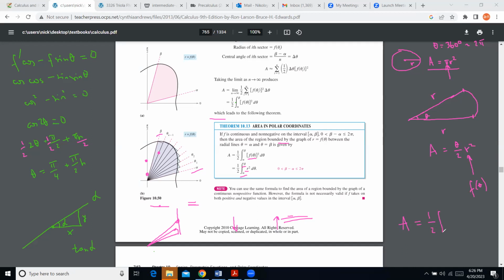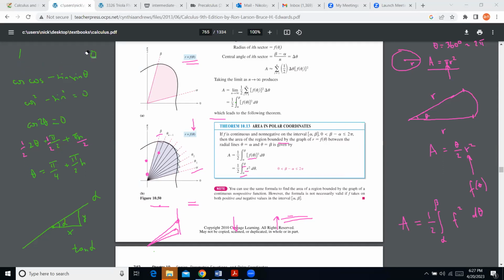So the area from one angle to the other, because again, the function is with respect to angle theta, that's the variable, and we have to take the square of this function of theta, and of course d theta. So that's the area of not a sector of a circle, but a sector of whatever curve that you can imagine.